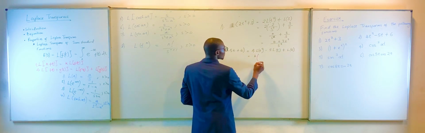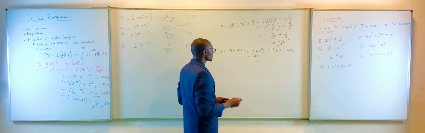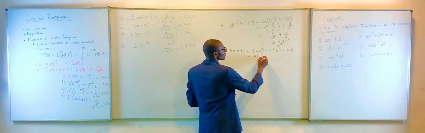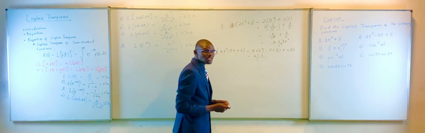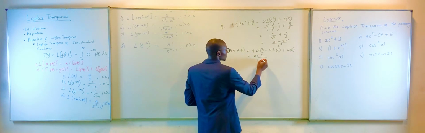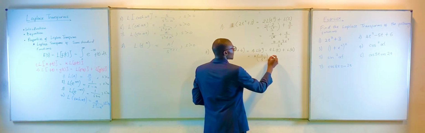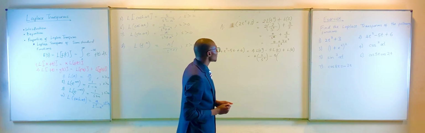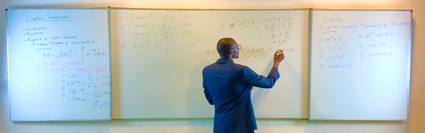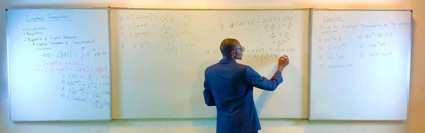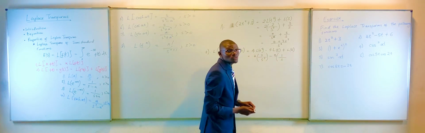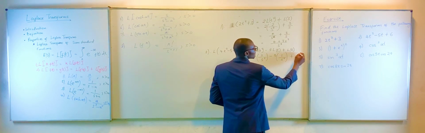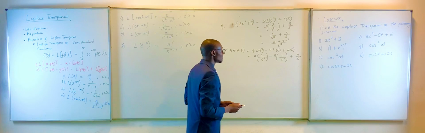And this will be 4 multiplied by t squared, Laplace transform of t squared. This is simply n factorial, 2 factorial over s to the power of n plus 1, which is s to the power of 3, then minus 5 multiplied by the Laplace transform of t. This is t to the power of 1. So this is 1 factorial over s to the power of 1 plus 1, that will be 2. Then plus Laplace transform of 6, that will simply be 6 over s.